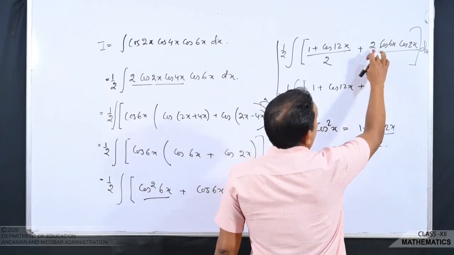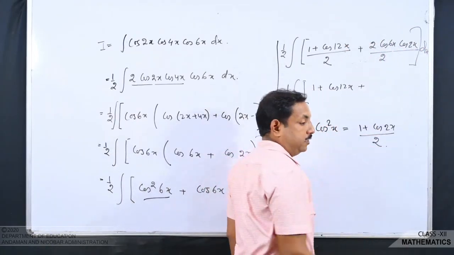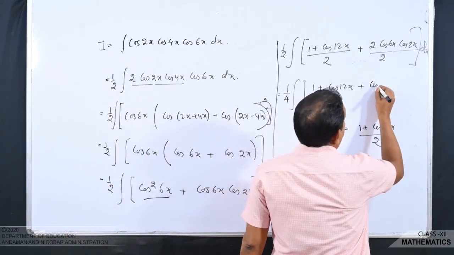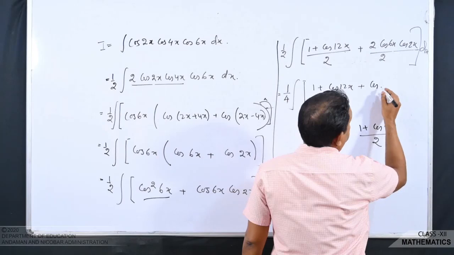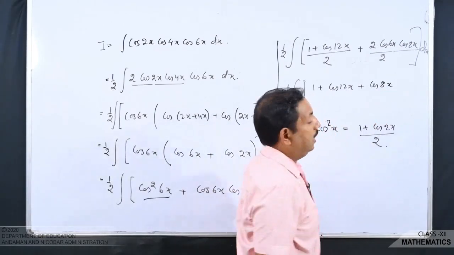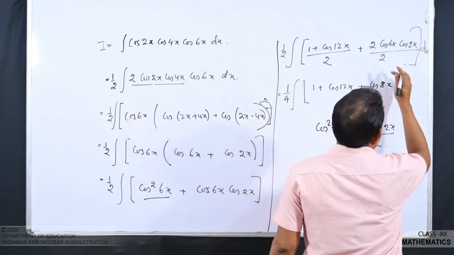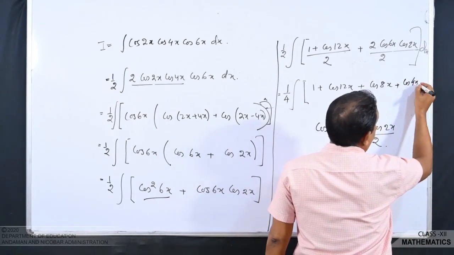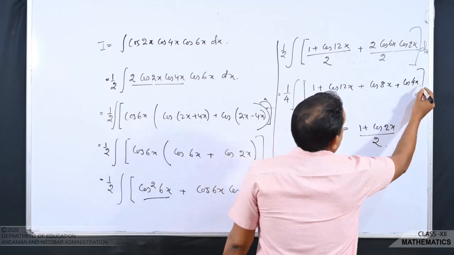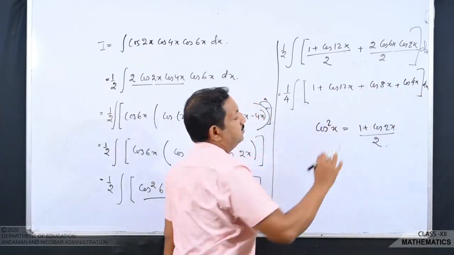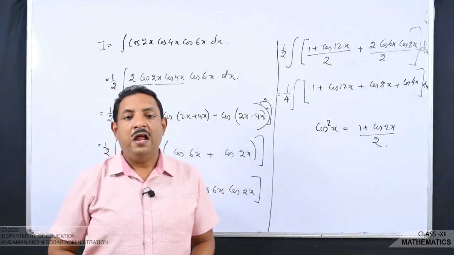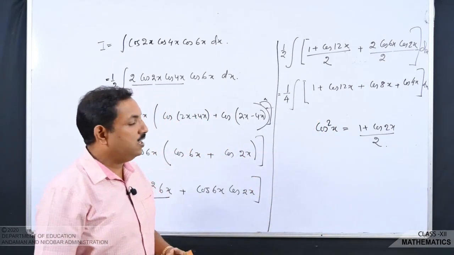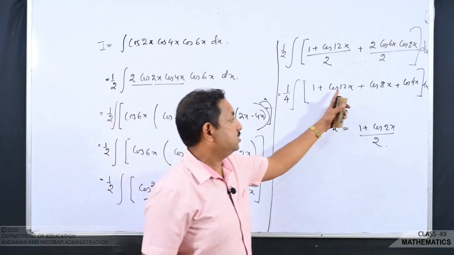what we can do, 2 cos x cos y. 2 cos x cos y means cos(x+y), that is cos(6x+2x), that is 8x, plus cos(x−y), that is cos(6x−2x), that is 4x, and dx. Now see, every term is linear and every term is integrable, and we can take very easily the integration of these terms.